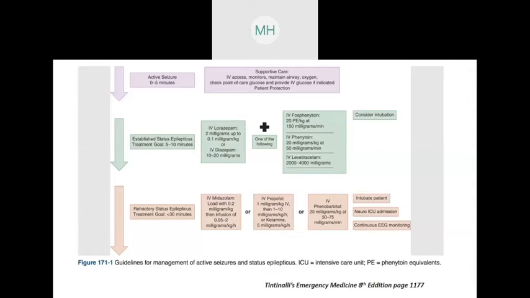And then ideally we should do continuous EEG monitoring. So under the level of refractory status epilepticus, you can see the first box is midazolam, they load first, then followed by infusion, either propofol infusion, or ketamine infusion, or phenobarbital.